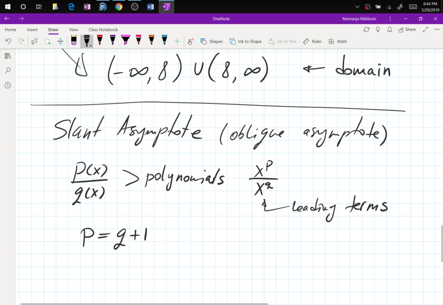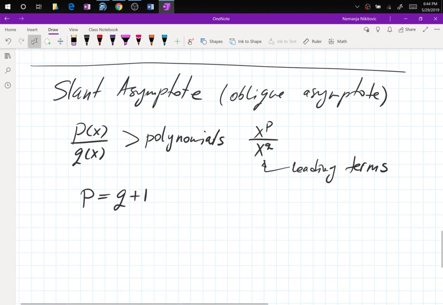So when the degree of the numerator is 1 larger than the degree of the denominator. And to find it, we use polynomial division.